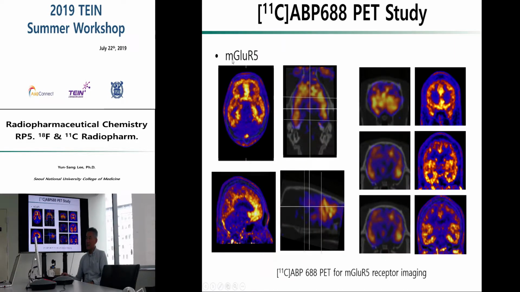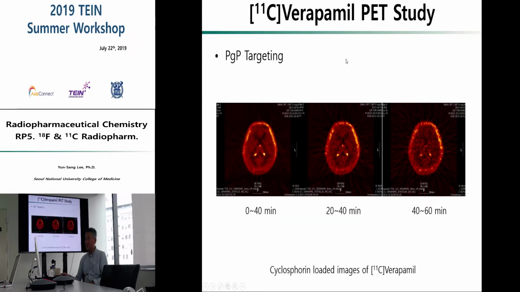And these are the mGluR5 images from ABP688. This is my brain, so I don't know whether it is normal or not. We can see the imaging from our PET scanner. And also a P-glycoprotein targeting one.